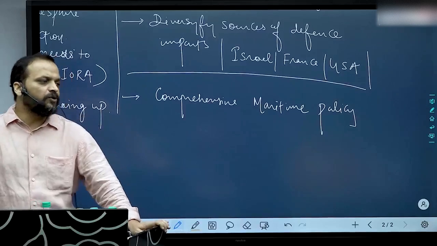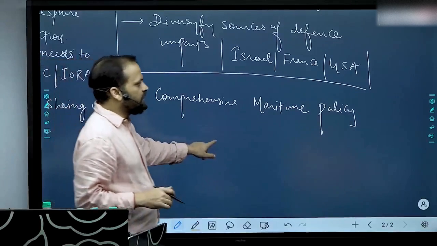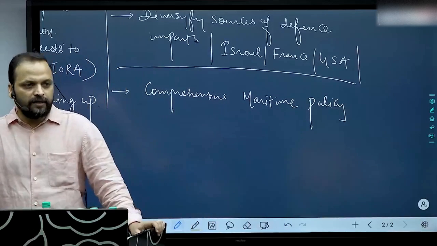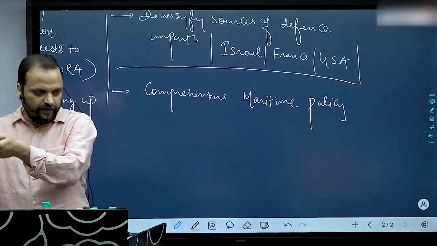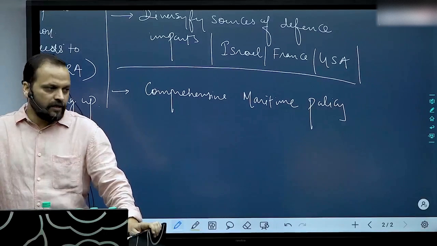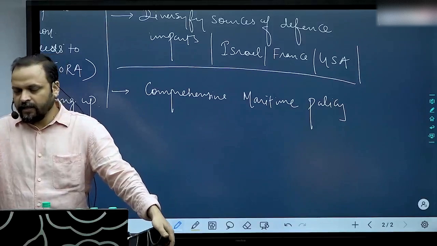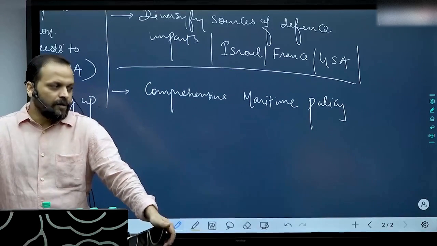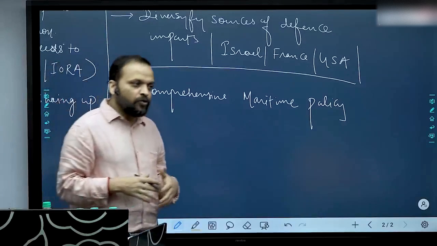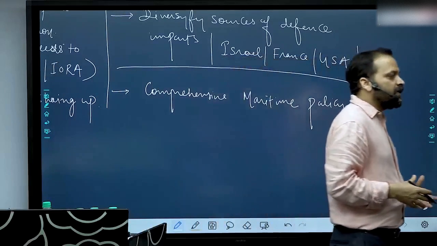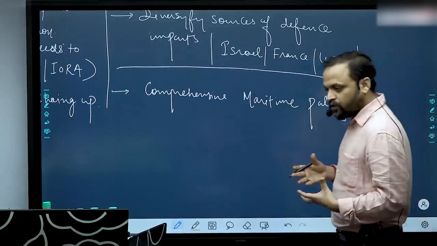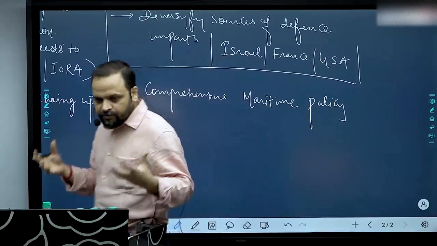The Indian Navy from time to time issues the Indian Maritime Security Strategy, IMSS documents. The last one was issued in 2015. If you read your class material, you will find a mention of it. But what we require is a comprehensive maritime policy, which means defining interests and approach in the ocean not only through a naval perspective, but also through diverse perspectives, right?